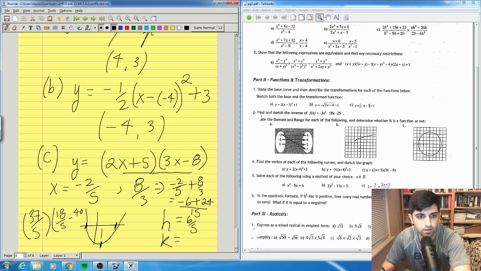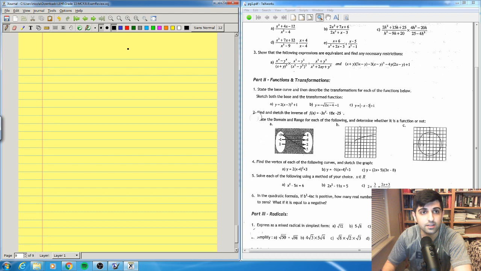Minus 40/5 is going to be -22/5. Multiply those together, and that's your k, and that's basically the vertex. And then you just got to sketch. The sketching for that, I'm sorry, is going to be nasty, unless I made a mistake, and I hope that that's actually the case.